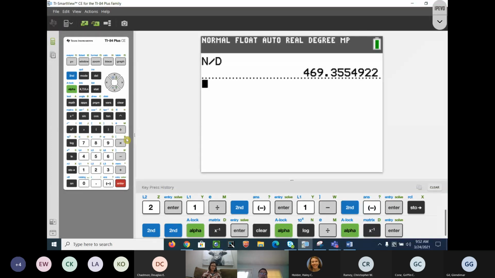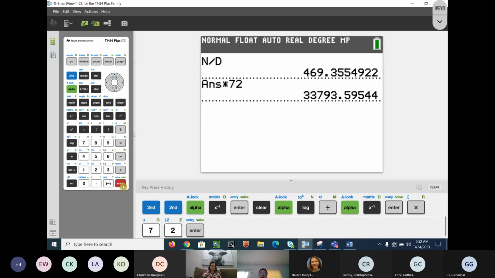Multiply that by 72. Nothing's free. A month for 6 years equals $34,000 for that same car.